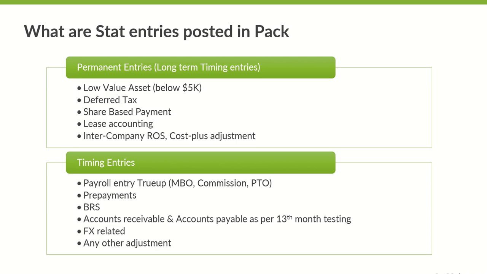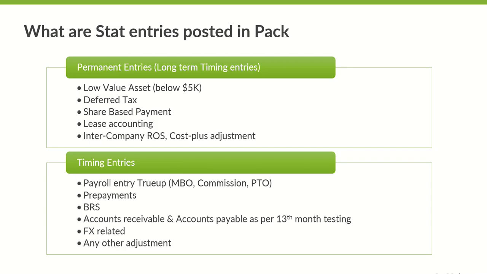In the US set of books, for US GAAP accounting, they have a threshold. If the value of a particular asset is less than $500, they will not capitalize it. So it sits in the expenses.